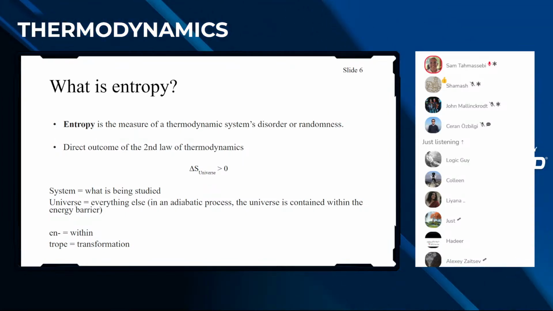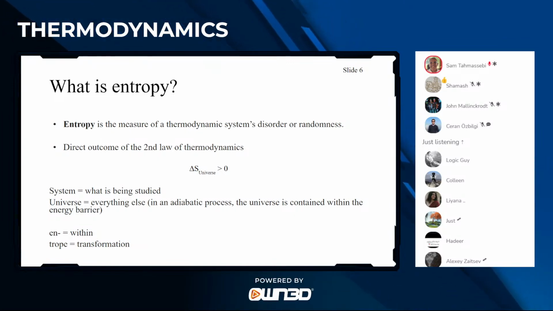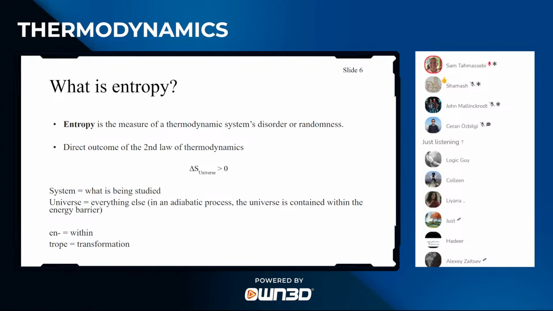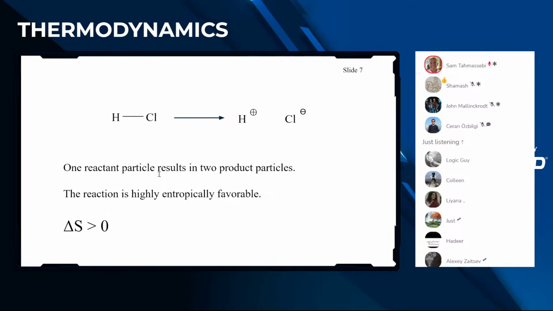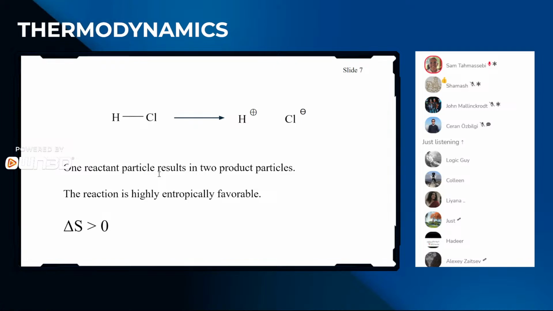So what do we mean by disordered? On slide 7, on the left-hand side, we have HCl. And on the right-hand side, we have the heterolytic cleavage of the HCl bond to give us H+ and Cl-. We saw this reaction last week as well. On the reactant side, I only have one particle, but on the product side, H+ and Cl-, I have 2 particles.